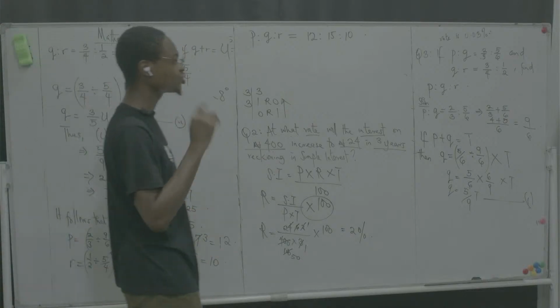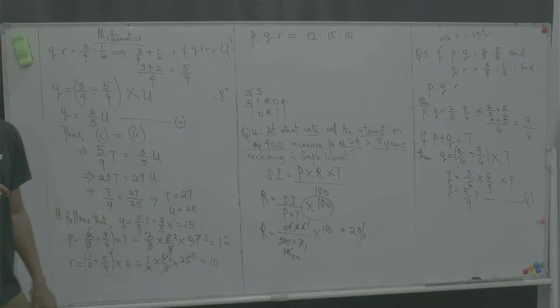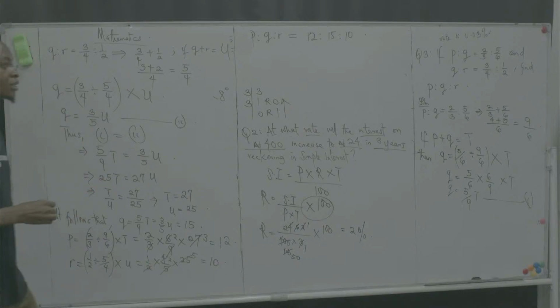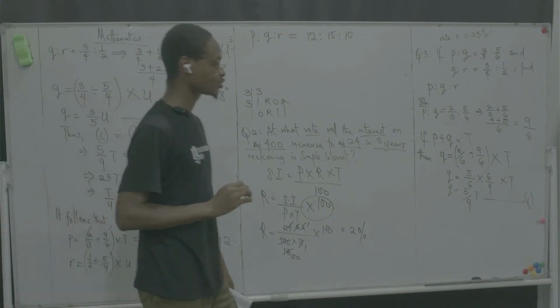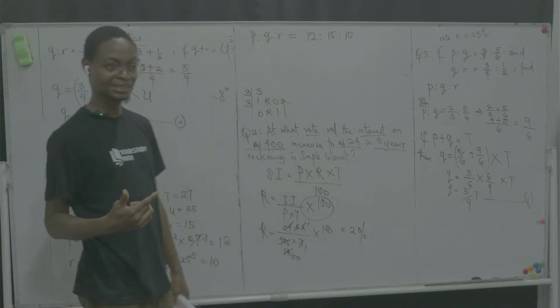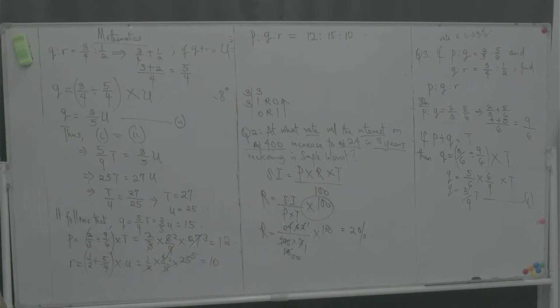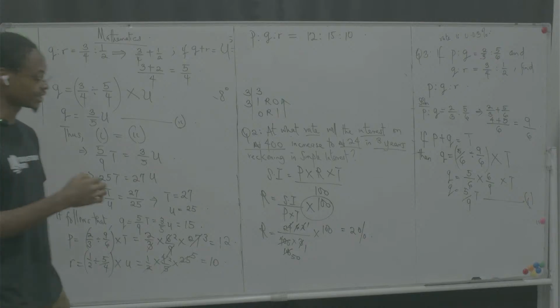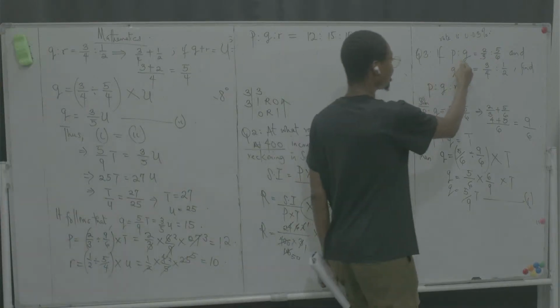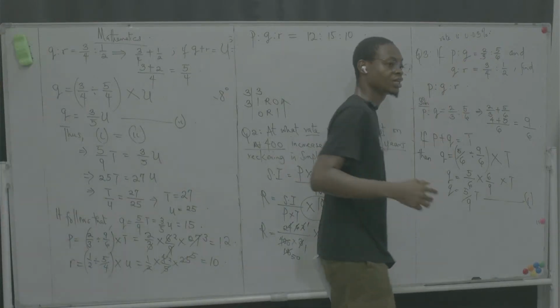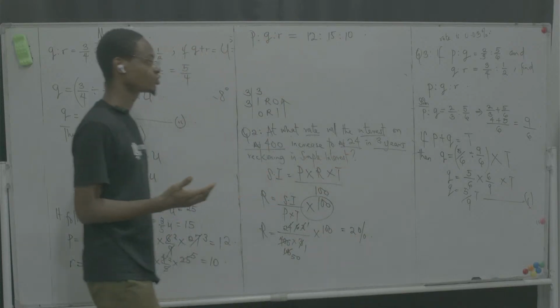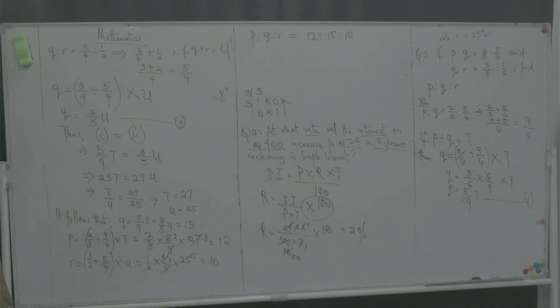Now, there's something I want to say, which is also very, very important. While we take time to write this, it is important to understand how the ratios are aligned. For instance, if there was no common link between these two ratios, it would have been very difficult for us to solve.